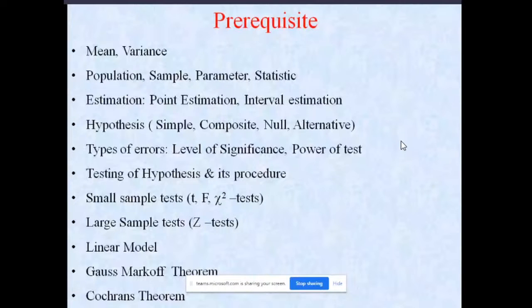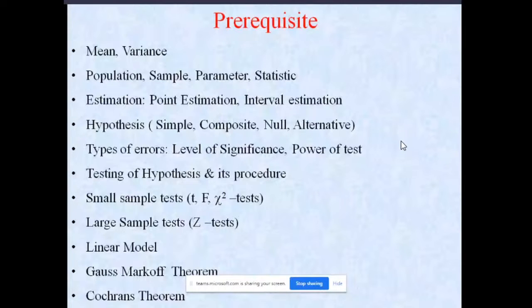Okay, and another one that you are using is types of errors. The types of errors that we have are the type 1 error and the type 2 error. So what are the type 1 error and type 2 error?